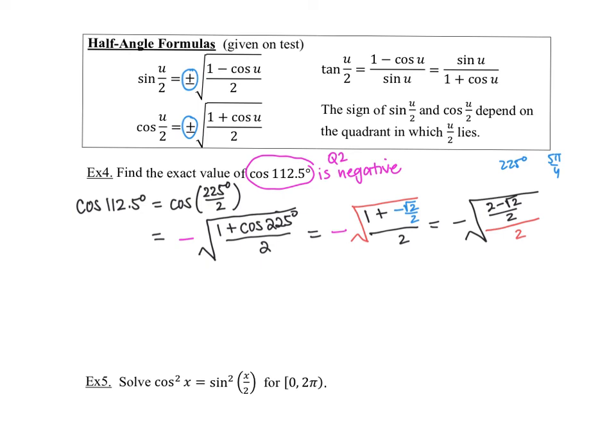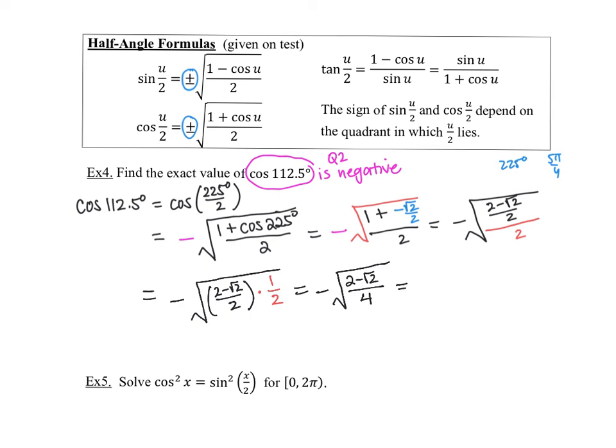Your work could be different because I don't know how you work with fractions. Inside the radical, I'm going to make this 2 minus root 2 over 2. Since I'm dividing by 2, I'm multiplying by one half. Two times 2 is 4.